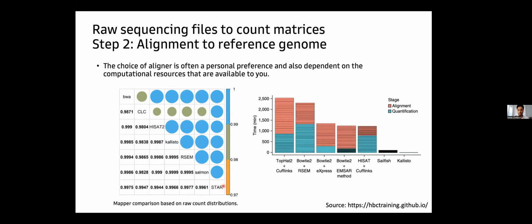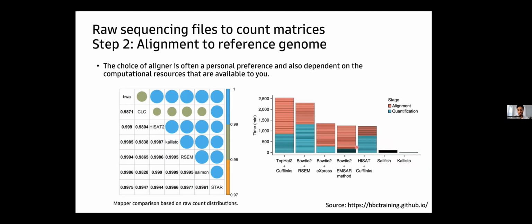But there are some, like Kallisto and Sailfish, called pseudo aligners. They have a different way of doing the alignment. You would have to do more research into it, but it is possible to run these on a local machine. So it's one option.